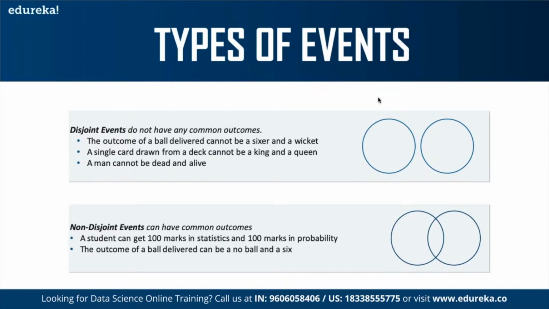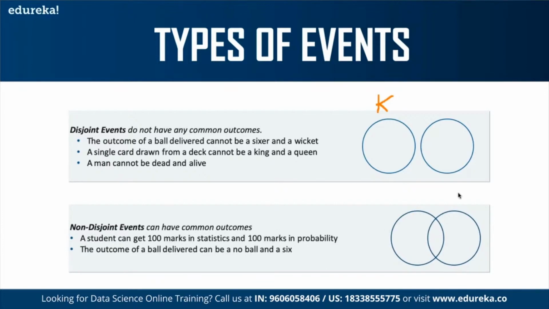It cannot be possible. Yes, if it would have been a king, right? Then suppose we want this to be in specific colors altogether, then that would have overlap, but not king and queen both, right? A man cannot be dead and alive both. So these are considered disjoint events when there is no possibility of one event overlapping with the others, right?